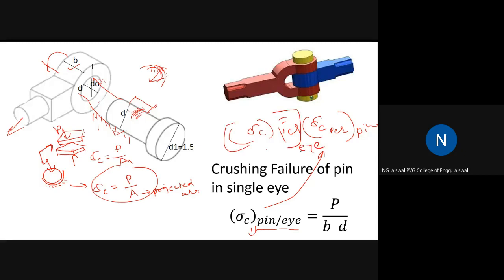These two materials can be different, and I will select that material which is weaker, because accordingly I will get dimensions. So it will be suitable for the weaker material. If that is suitable for a weaker material, it will be definitely suitable for the strong material. So this is the crushing failure.